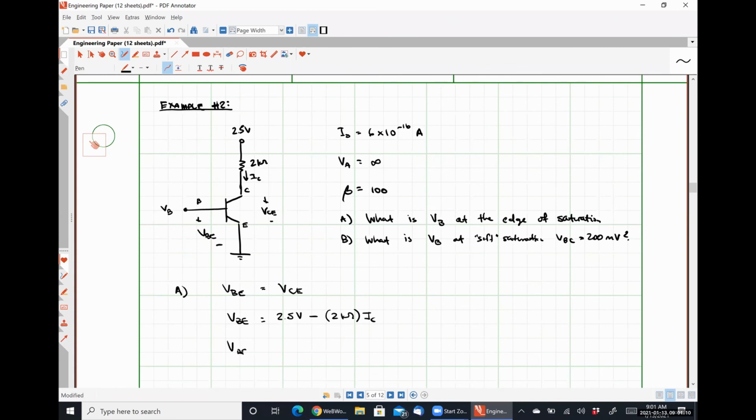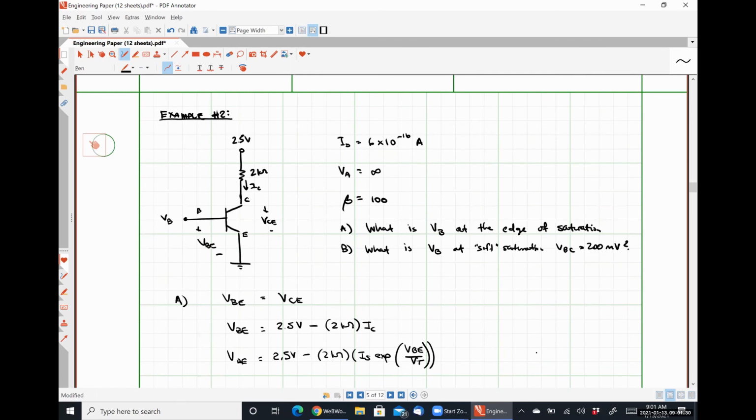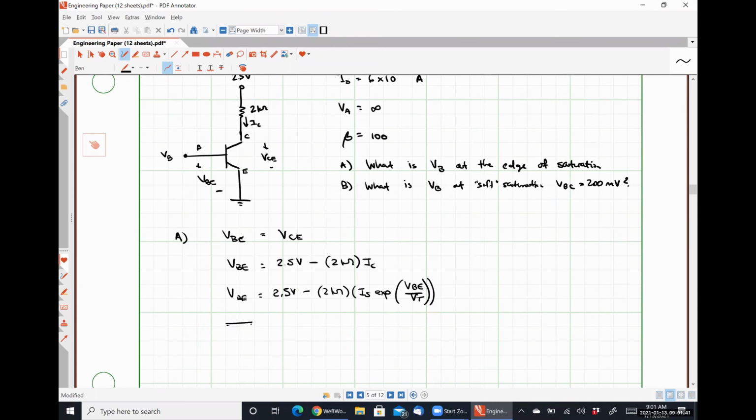This gives us VBE is equal to 2.5 volts minus 2 kiloohms times IS exp of VBE over VT, where IS is given to us, and if we're assuming we're operating at 300K, VT is a known quantity as well. And so we can simply solve this for VBE.